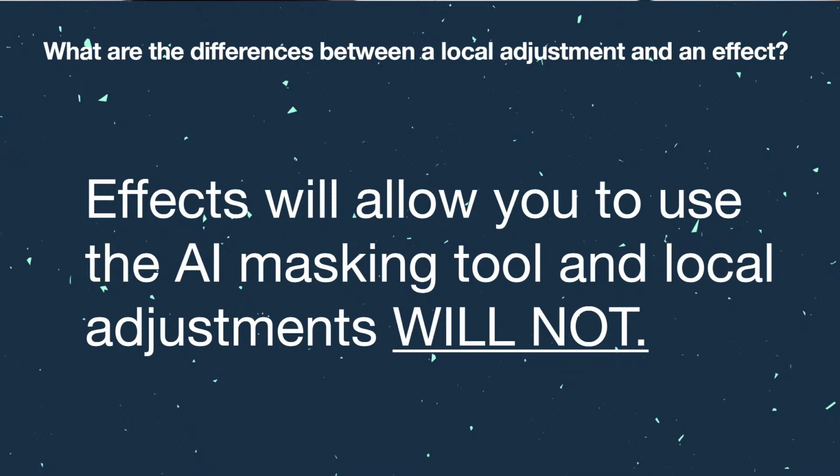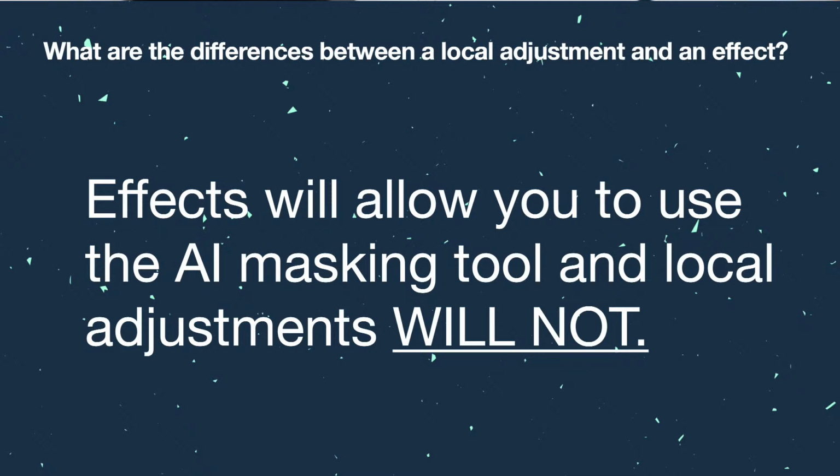So what are the differences between a local adjustment and an effect? Many of you may not realize this, but a local adjustment and an effect are both using masks in most cases, and I'll show this in the live example here in a second. But essentially, the effects will allow you to use the AI masking tool, where the local adjustment doesn't have the AI masking tool.